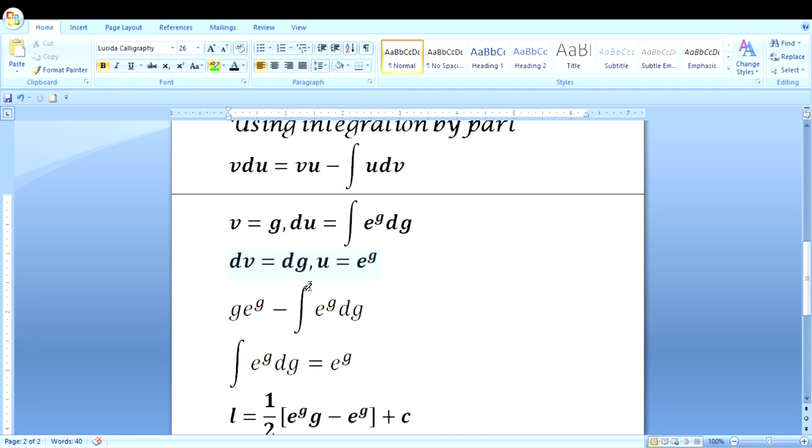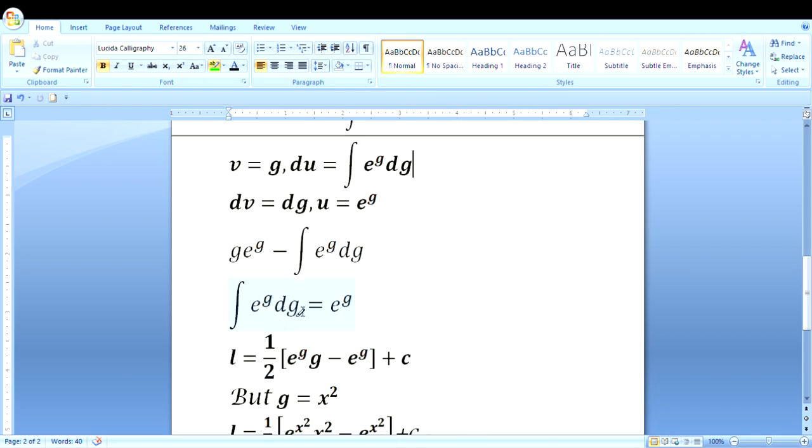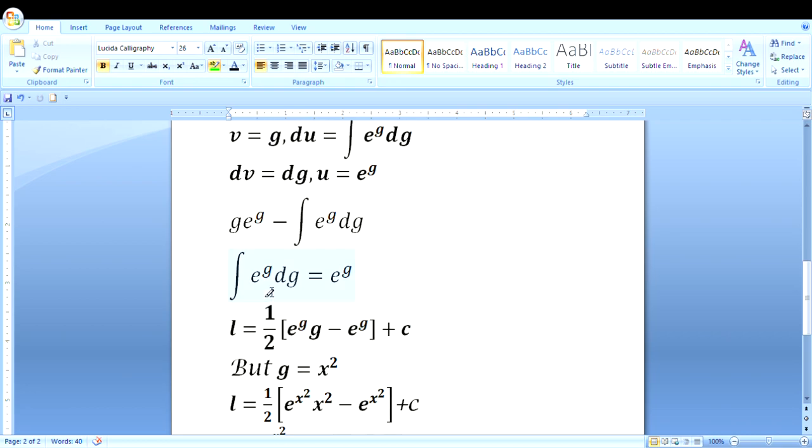Okay, since the integral sign is still involved in the expression, we still need to find the integral of exponential g dg, and if you integrate exponential g, it will also give you exponential g. So substituting in the formula, this becomes 1 over 2 open bracket g exponential g minus exponential g close bracket plus c, where c is an arbitrary constant.